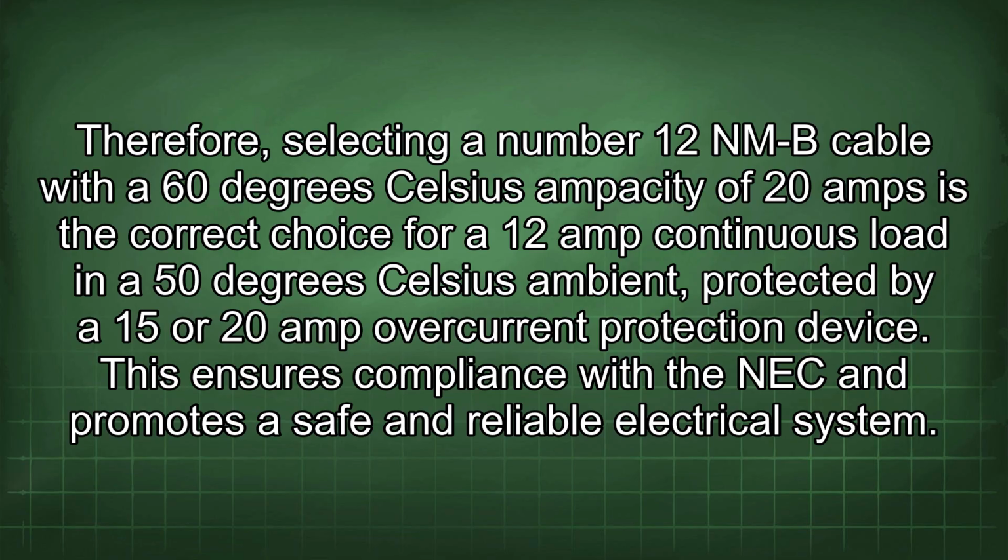Therefore, selecting a number 12 NMB cable with a 60 degrees Celsius ampacity of 20 amps is the correct choice for a 12 amp continuous load in a 50 degrees Celsius ambient, protected by a 15 or 20 amp overcurrent protection device. This ensures compliance with the NEC and promotes a safe and reliable electrical system.